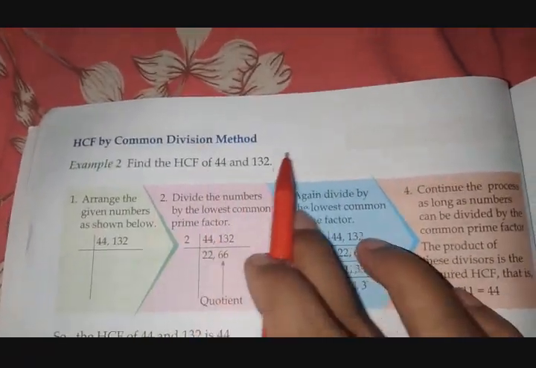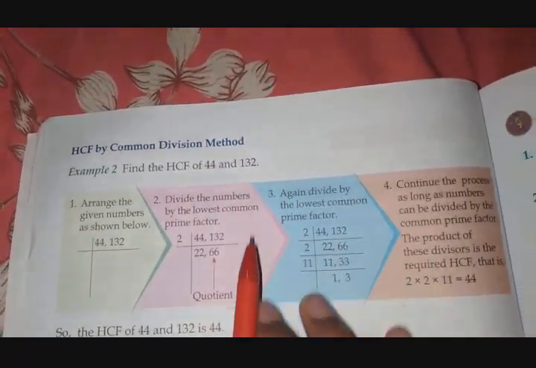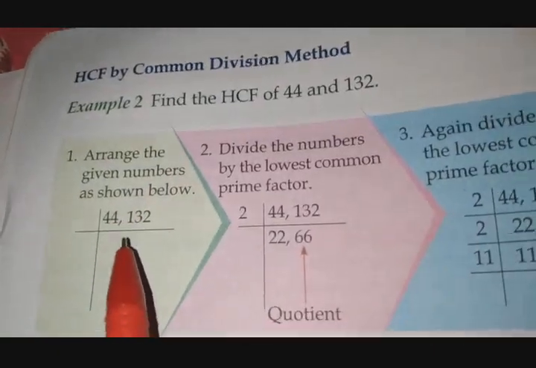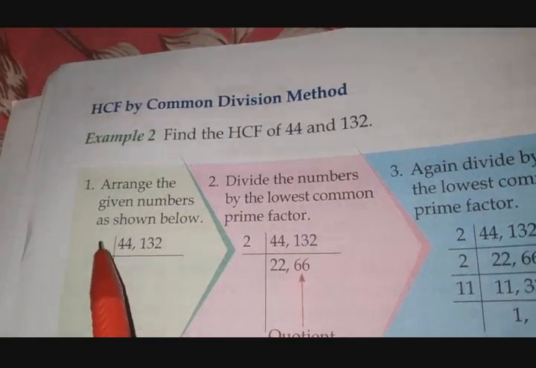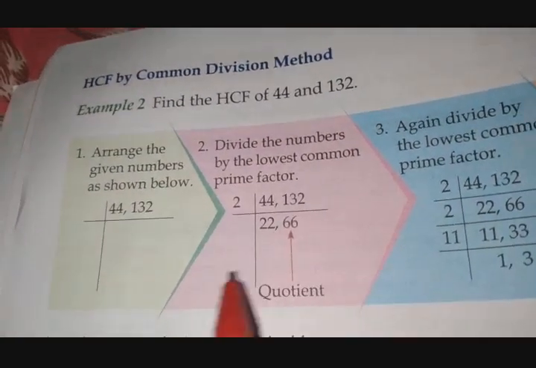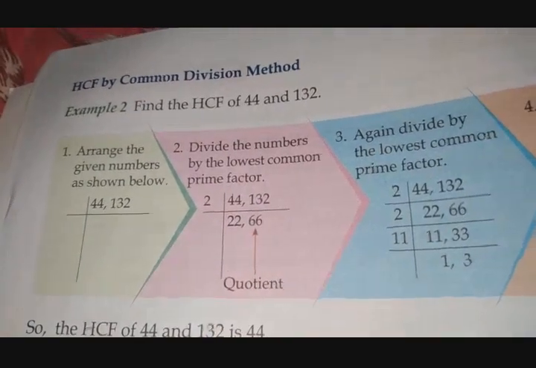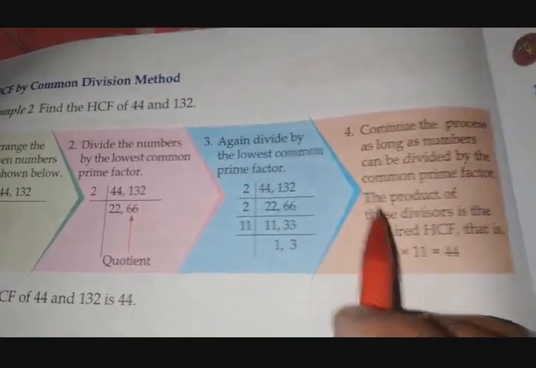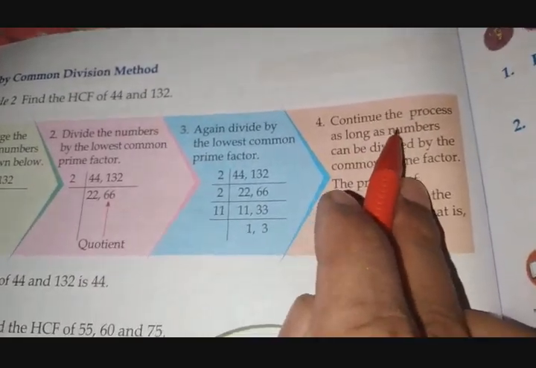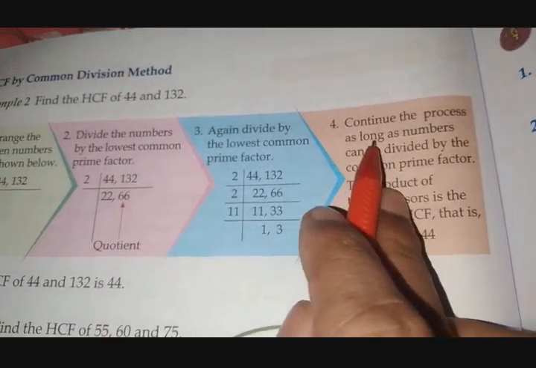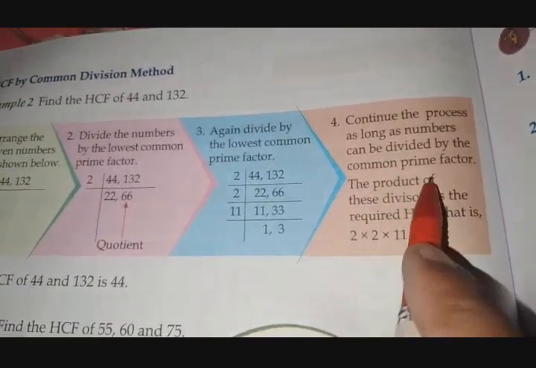Next we are going to learn about HCF by the common division method. In the common division method, first we write the numbers and divide them by a common factor, and we repeat the process as long as the numbers can be divisible by the common factors.